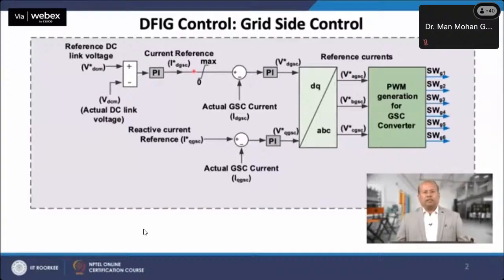The measured GSC current D axis component tracks the reference value with the PI controller to obtain the reference D axis voltage, while the PI controller dealing with the Q axis component of GSC current is assigned to regulate reactive power injection.